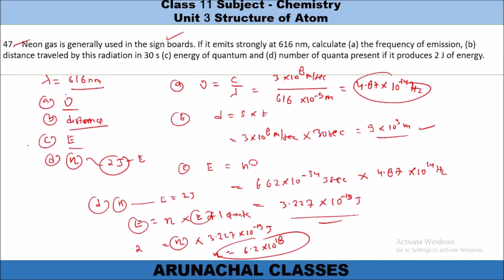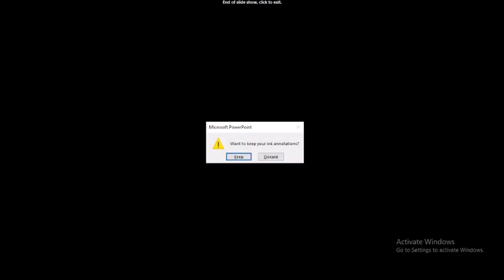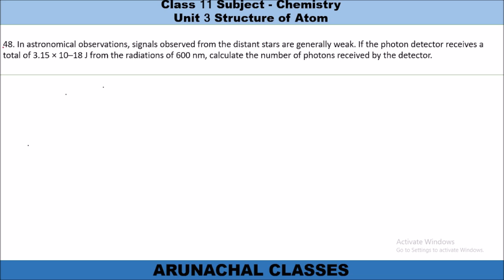Moving to question number 48, let's solve it. Here in this question we can see that in an astronomical observation, signals observed from distant stars are generally weak.